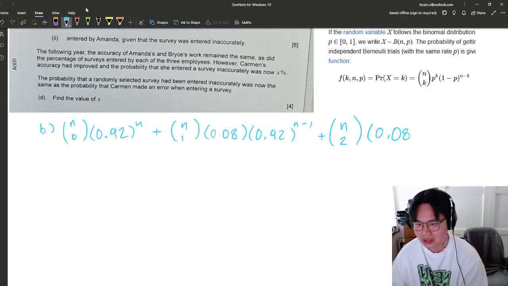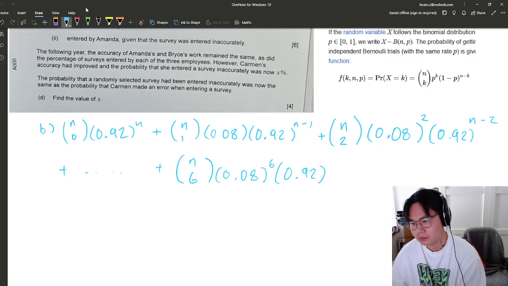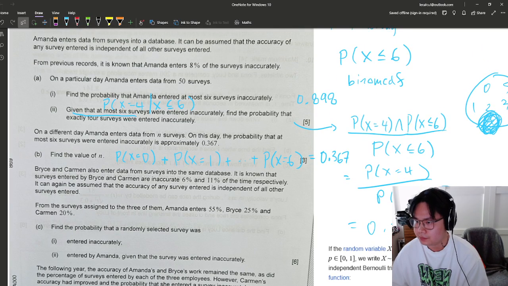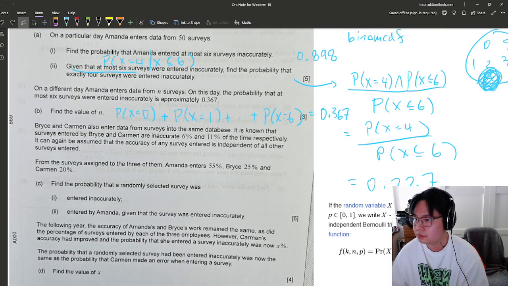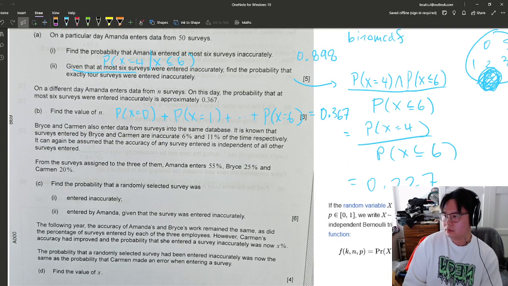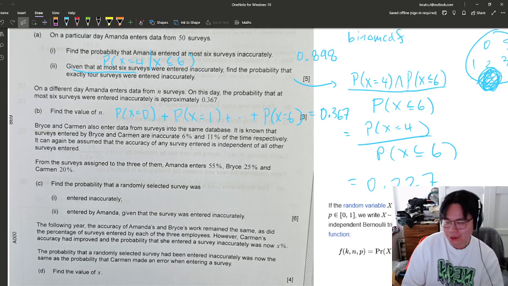Is there actually a better way to do this than what I'm doing right now? I'm trying to think, because this is only 3 marks.